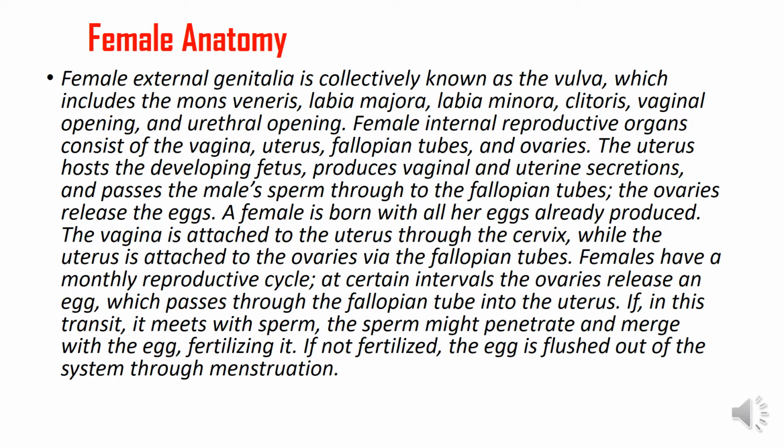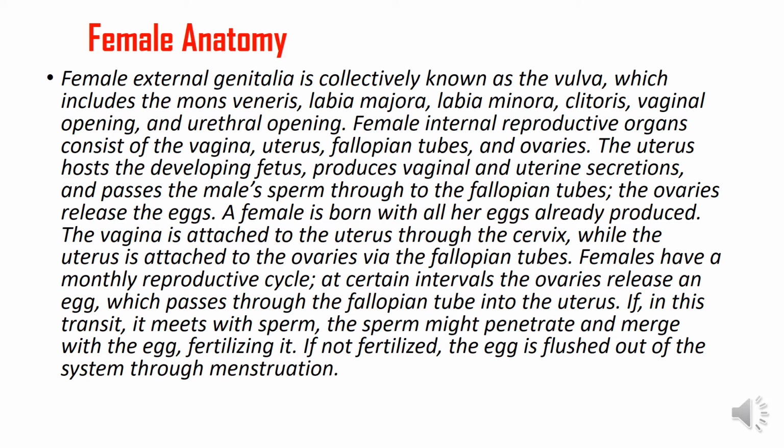Let's talk first about the female anatomy. Female external genitalia is collectively known as the vulva, which includes the mons veneris, labia majora, labia minora, clitoris, vaginal opening, and the urethral opening. The female internal reproductive organs consist of the vagina, uterus, fallopian tubes, and ovaries.